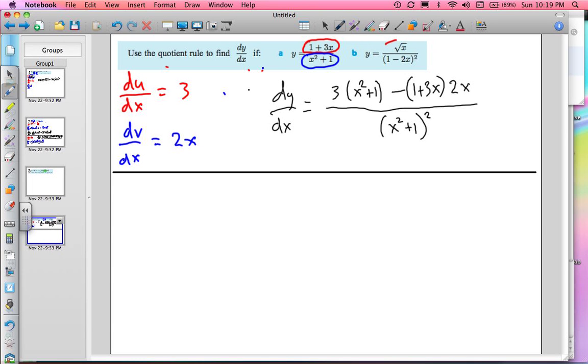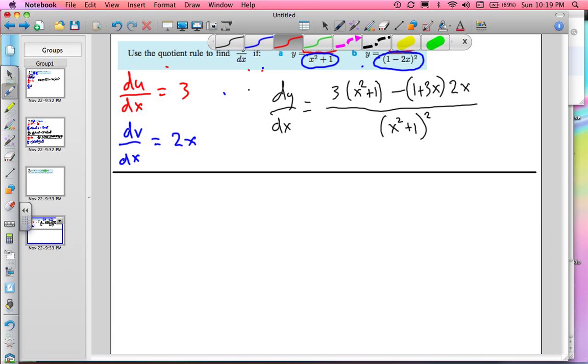Now you can see the red is the numerator, blue for denominator. Now if you look at the denominator, you should notice we're going to have to use the chain rule on the denominator function. Because see, you got a function inside and it's being squared. So let's just get started.